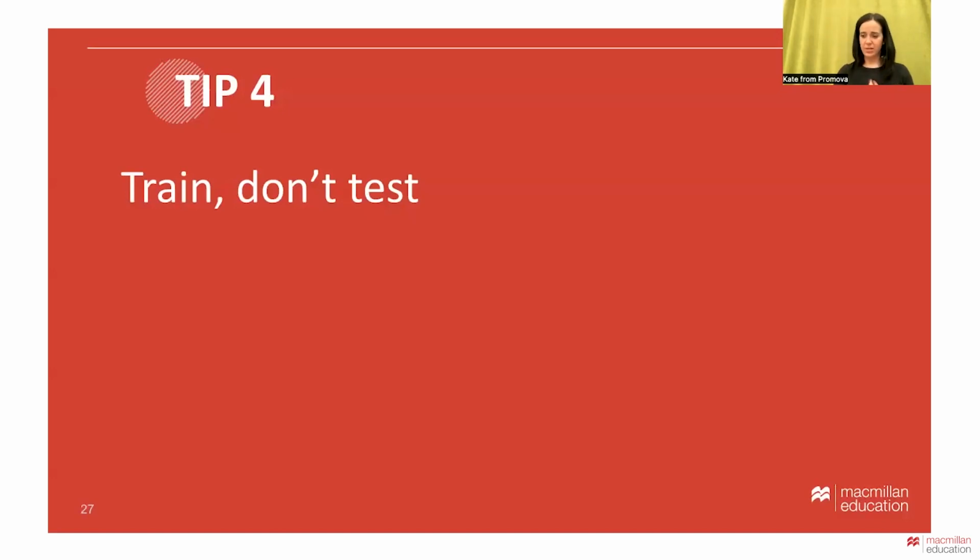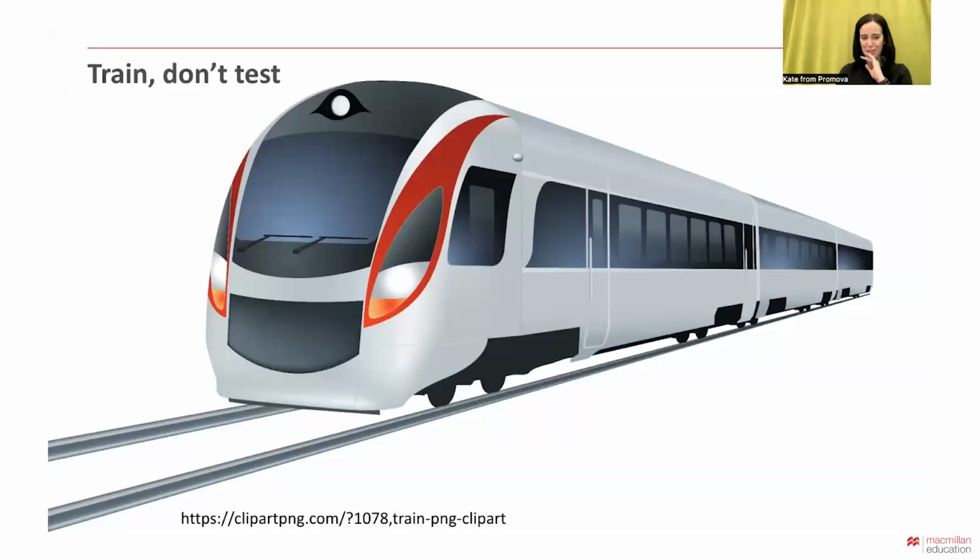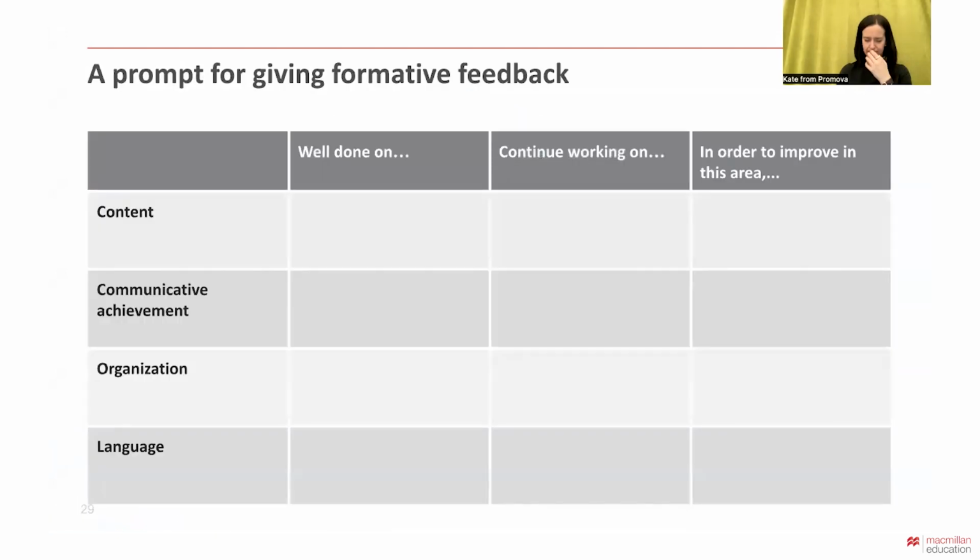My next point, and I think it's very important, is that we should train our students instead of testing them. And I quite like to use this picture to create a mental anchor on this. So what do I mean by training rather than testing?